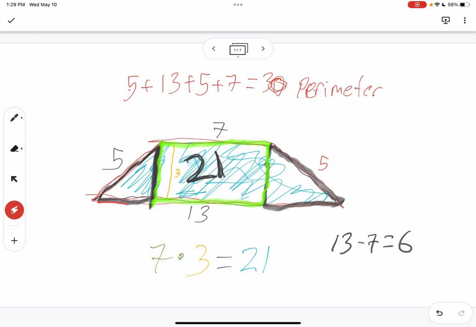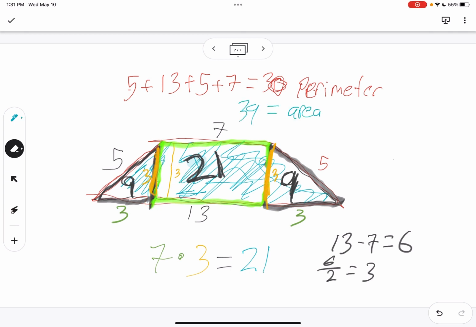So we know that this part plus this part is 6. Well, these are equal. So what's 6 divided by 2? 3. So now we know that this base is 3. This base is 3. This height, again, is 3. And this height right here is 3. Because, again, from top to bottom in a straight line is 3.